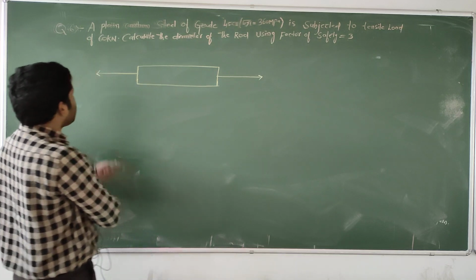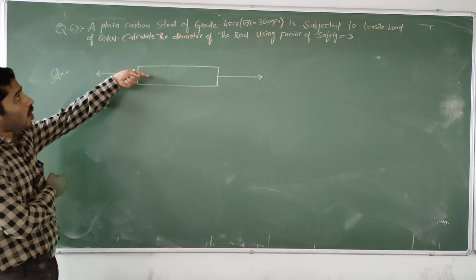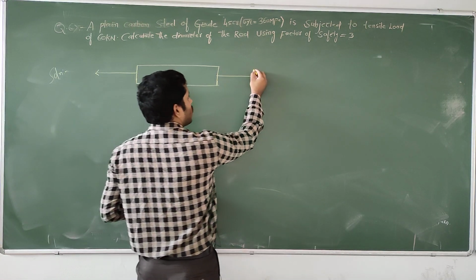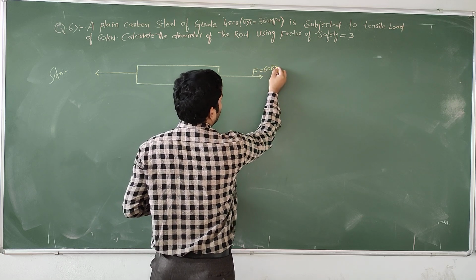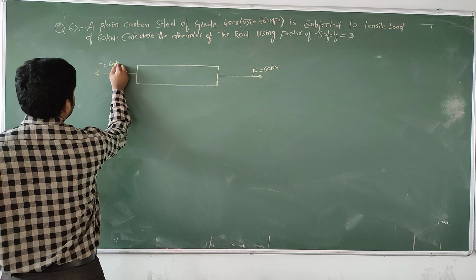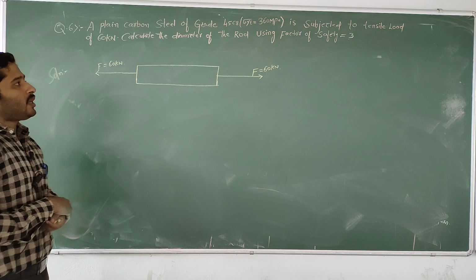How much load is acting? 60 kilonewton tensile load is acting on the plain carbon steel. So F equal to 60 kilonewton. Calculate the diameter of the rod.